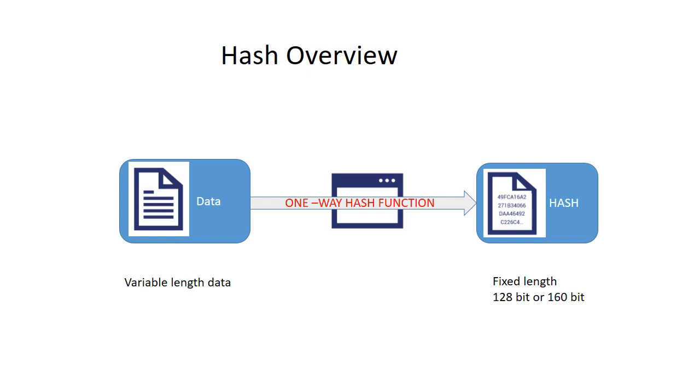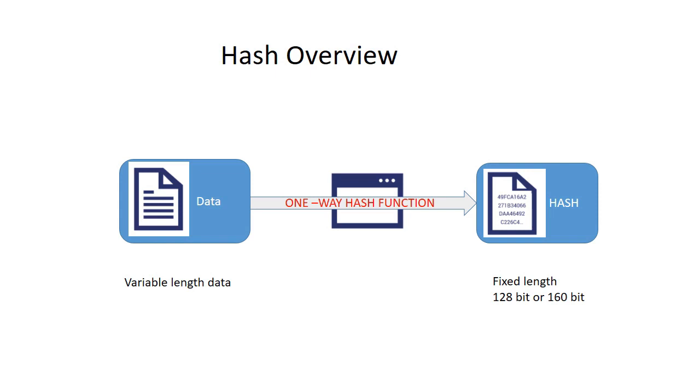It takes input data, and this data may be of variable length, so it may be just a single word, or a sentence, or even a file. When the hash function is applied, it creates a fixed-length hash based on the input data, and it creates an irreversible hash.